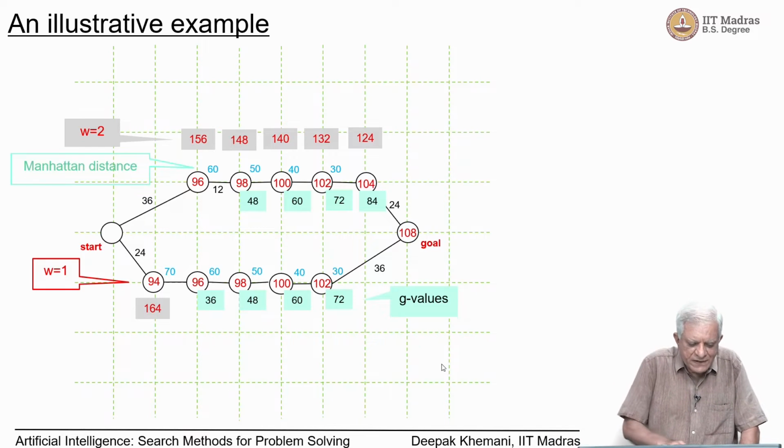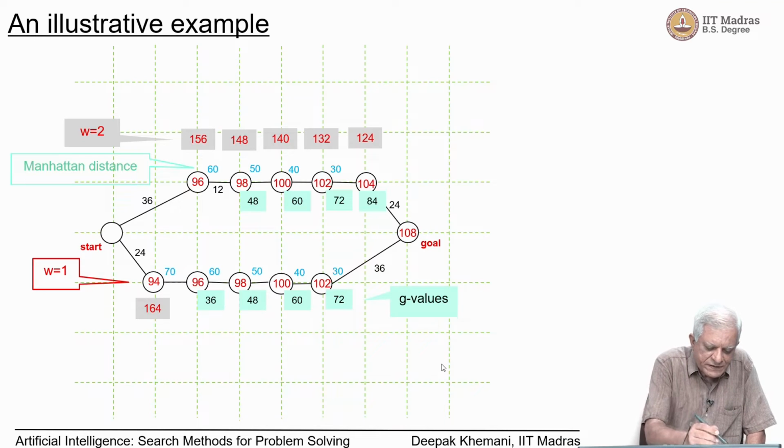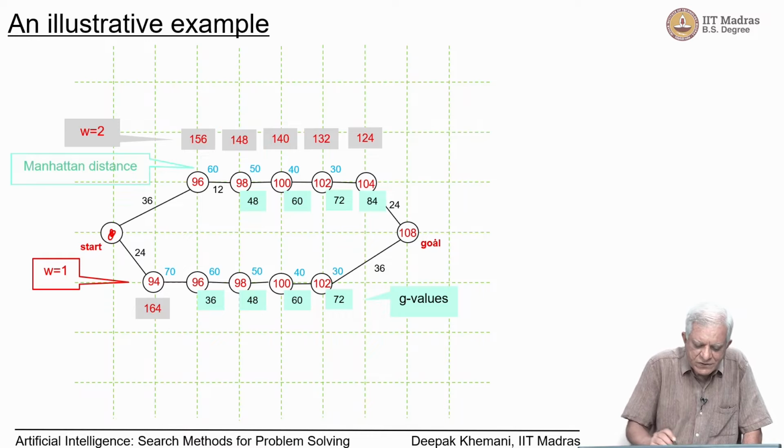So, if you look at this graph carefully, we have a start node on the left and a goal node on the right, which is on the same line. There are two paths that we have drawn from the start node to the goal node, one going from the top and the other going from the bottom. Both the paths have 5 intermediate nodes, all on a horizontal line.